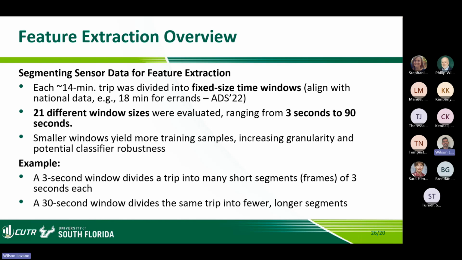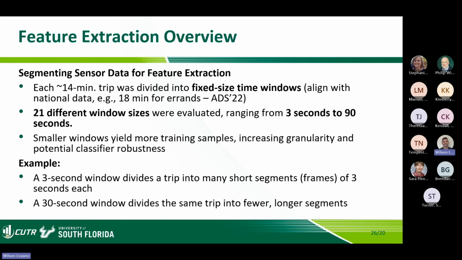Then what we did was select 21 different window sizes, let's say 3 seconds. If we say 3 seconds, we are going to split that trip into time frames of 3 seconds. The biggest window was 90 seconds, so we are going to split 14 minutes into time frame windows of 90 seconds.